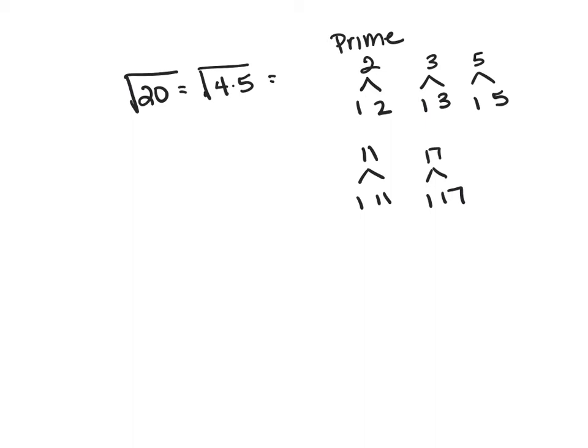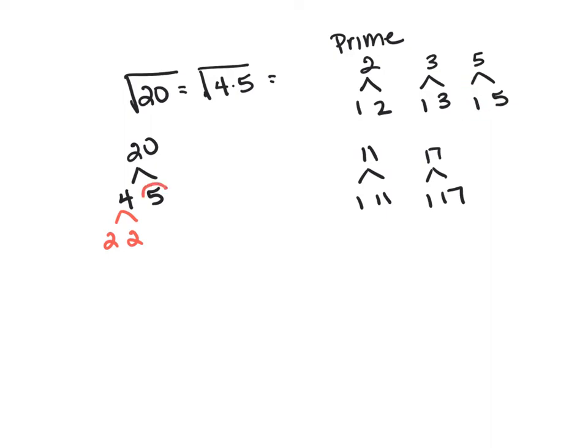So take the number 20, and we already said the factors are 4 and 5. And what we're going to do here is break these down to their primes. The question I want to know is, is the number 4 prime? And the answer there is no, because 4 has factors that are 2 and 2. Is the number 5 prime? 5 is prime because its only factors are 1 and 5.